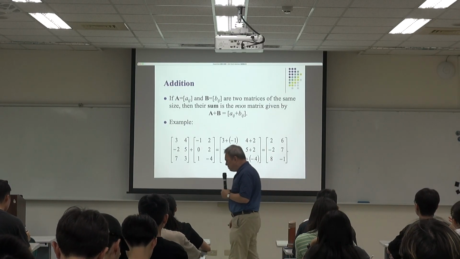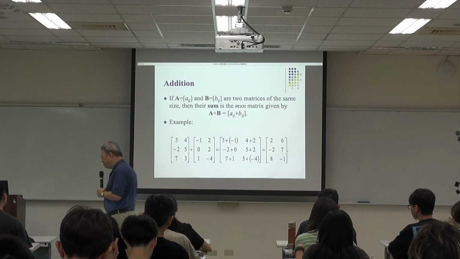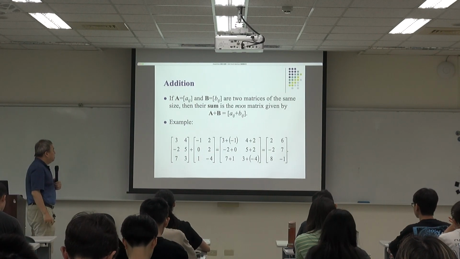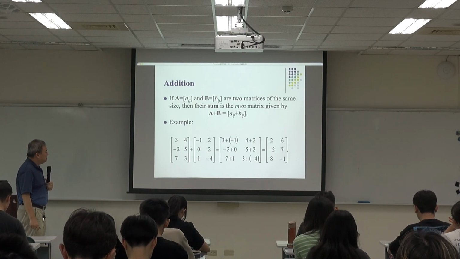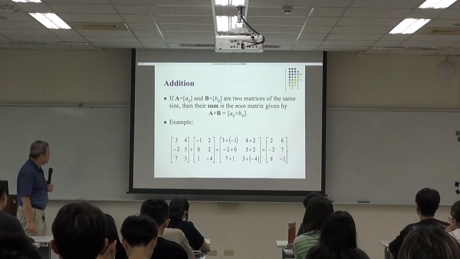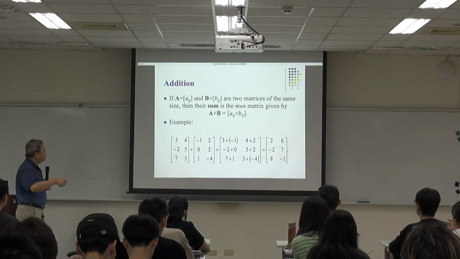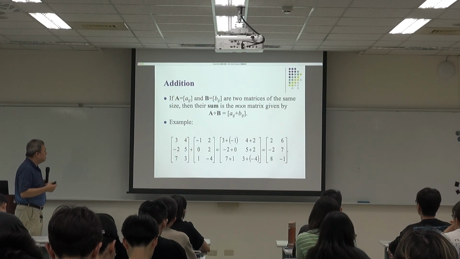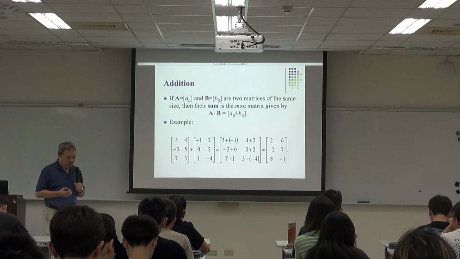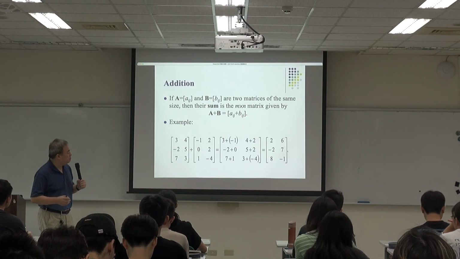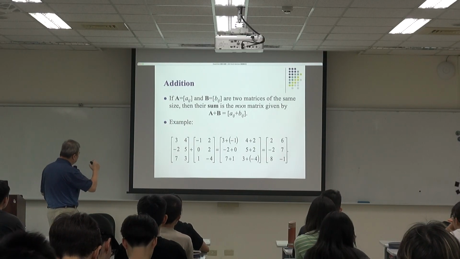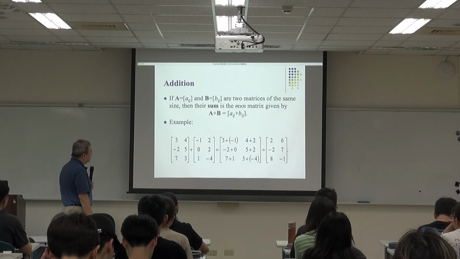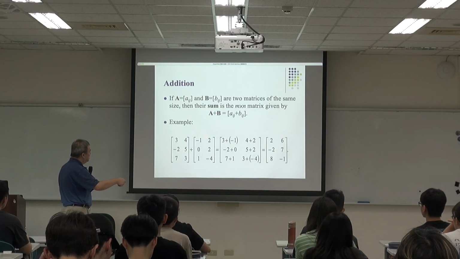Obviously we can also do certain operations on matrices, such as addition. If A and B are matrices of the same size, then we can add these two matrices together. The resulting matrix will again be the same size, but each element will be the sum of the corresponding locations of these two matrices.